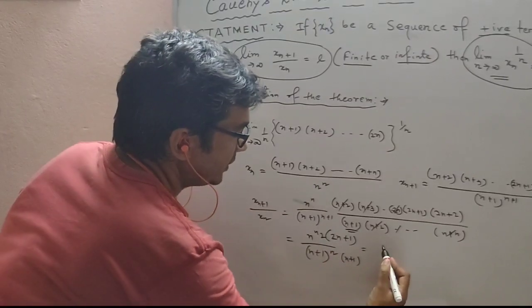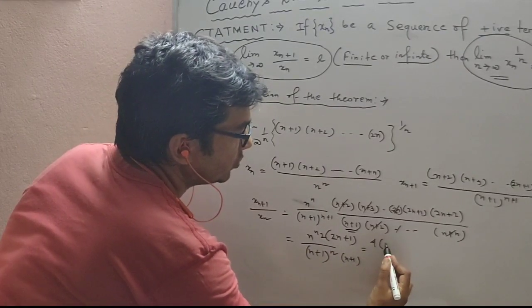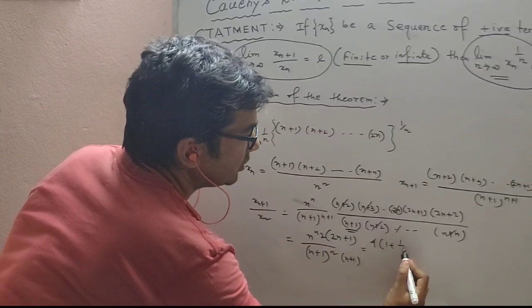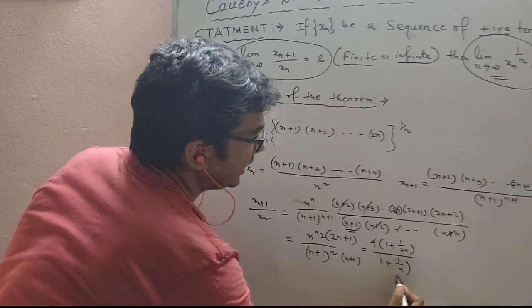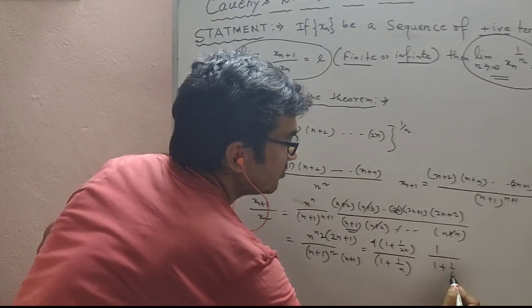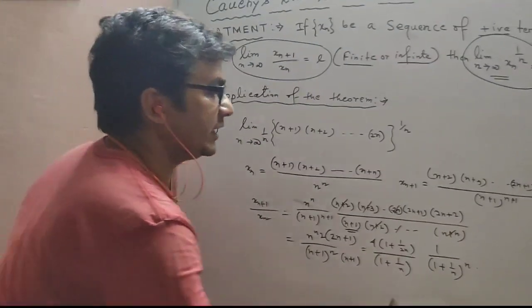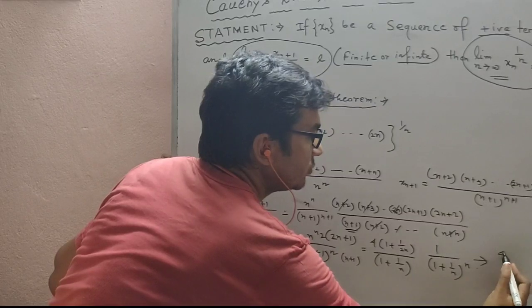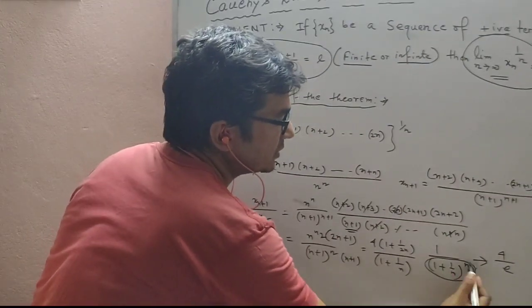Now this equals 4 into (1 plus 1 by 2n) by (1 plus 1 by n) into 1 by (1 plus 1 by n) whole to the power n, which tends to 4 by e, because this limit tends to e.